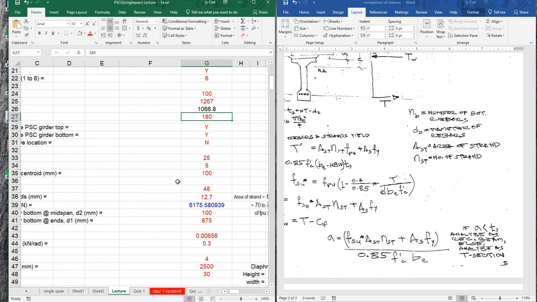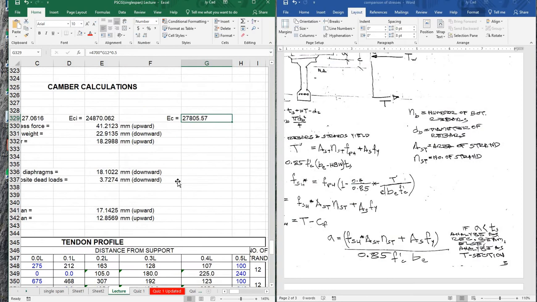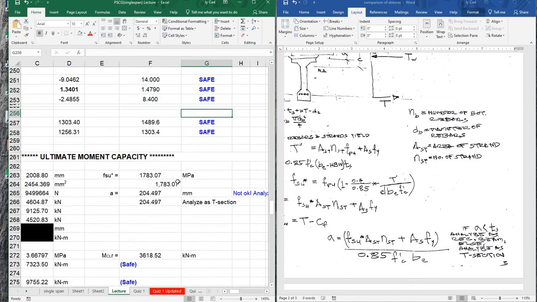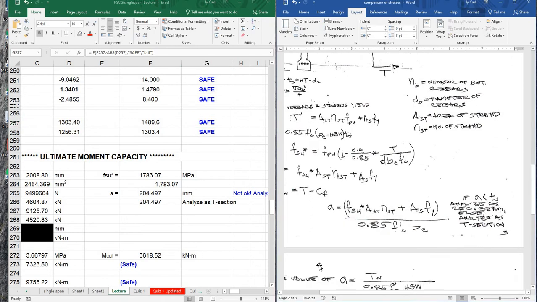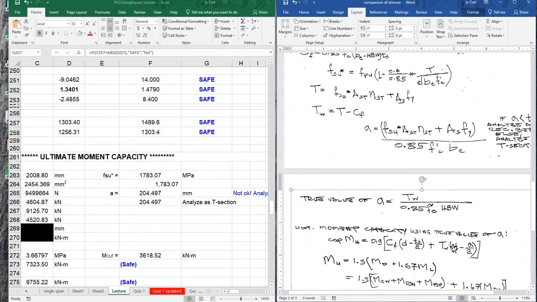Yan. At ang na-compute natin ay 204. Yan. So, it is greater than thickness of slab. Kaya, analyze as T-section. Ngayon, tamang-tama, etong ginawa nating equations, this is designed for a T-section.